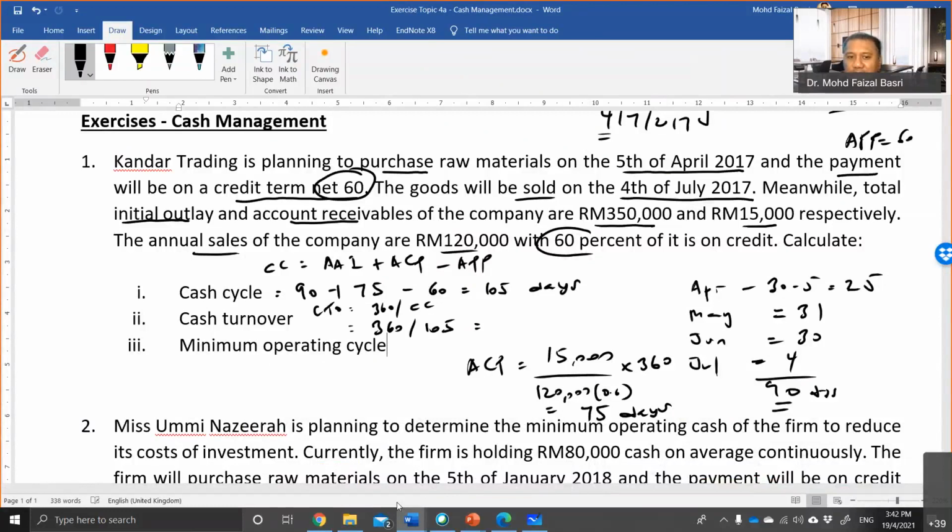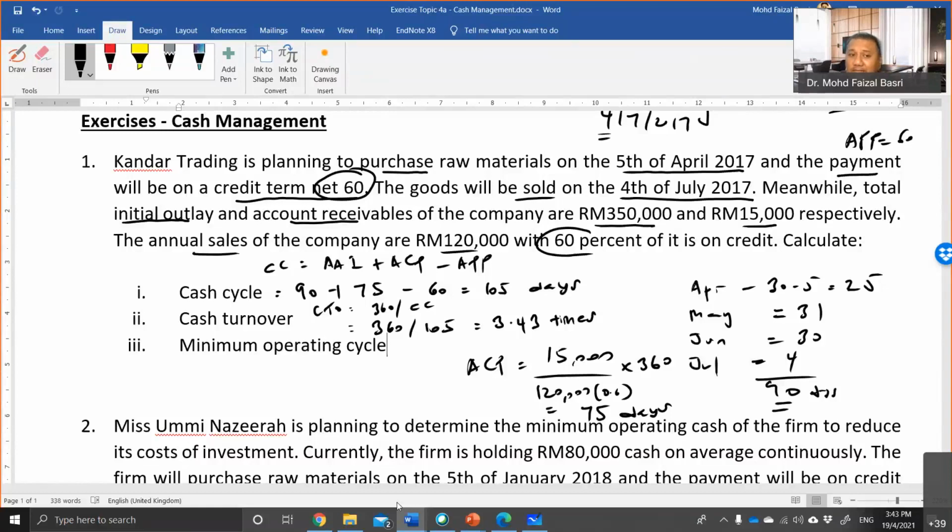So we take 360 divided by 105, and we have 3.43 times. The value here is in times, whereas just now it was in days. So 3.43 times is the cash turnover.